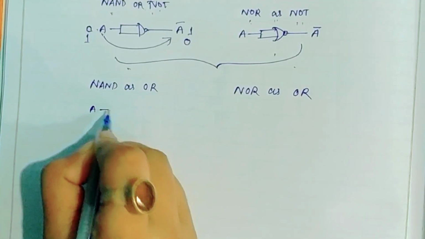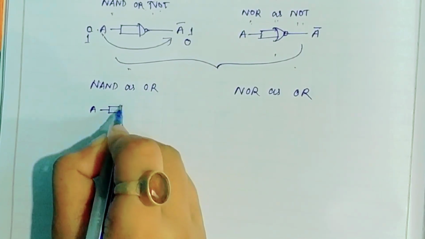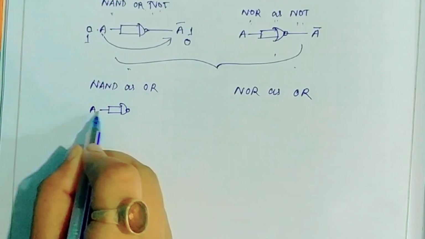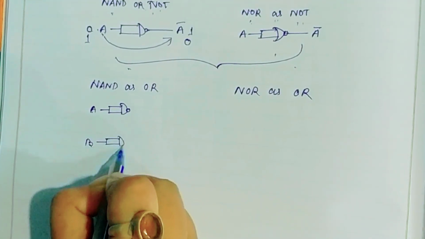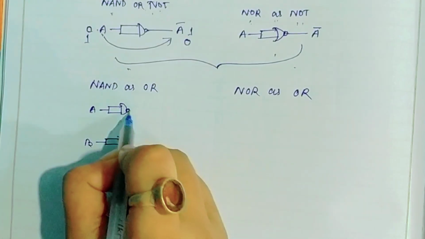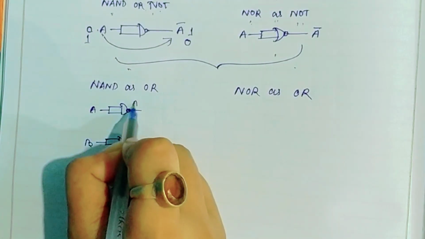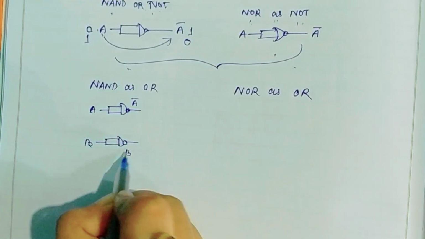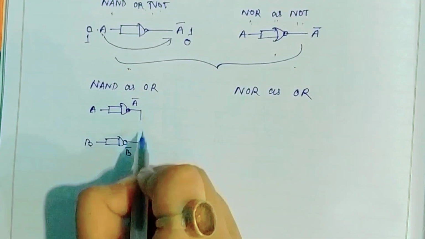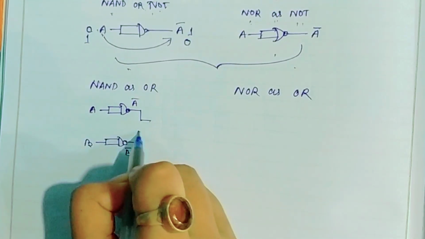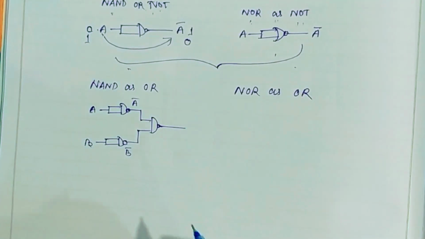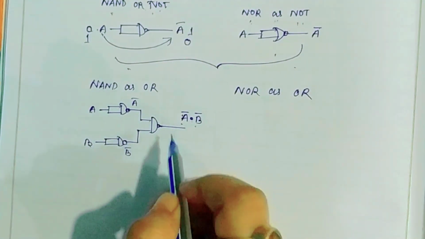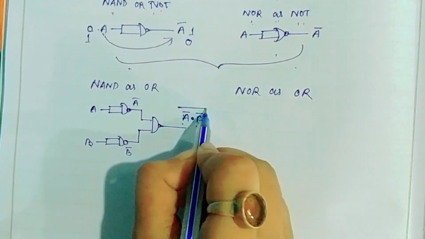So draw a NAND gate of input A, draw a NAND gate of input B, and here you will get A bar as output and B bar as output. Now just combine them together with another NAND gate, and you will get an output like this, a whole bar.